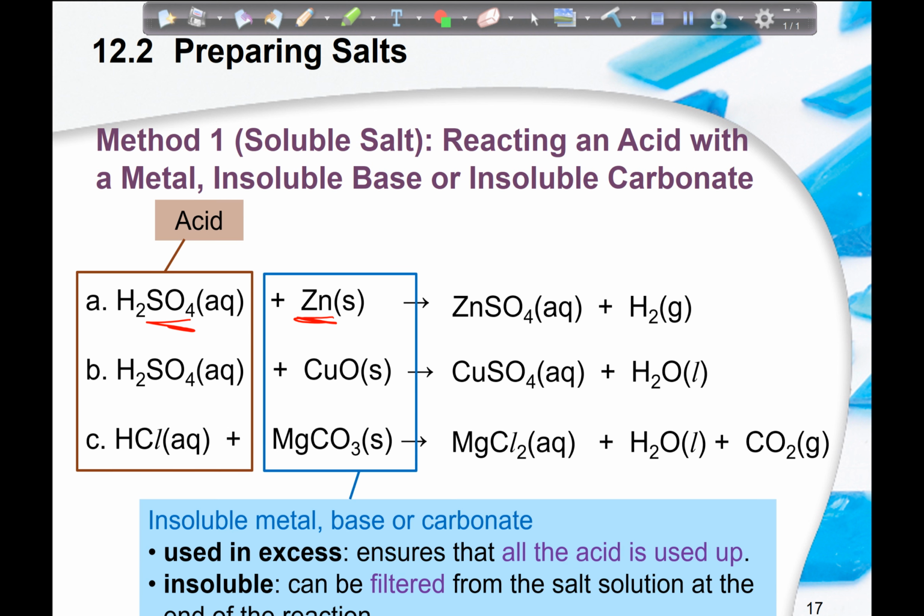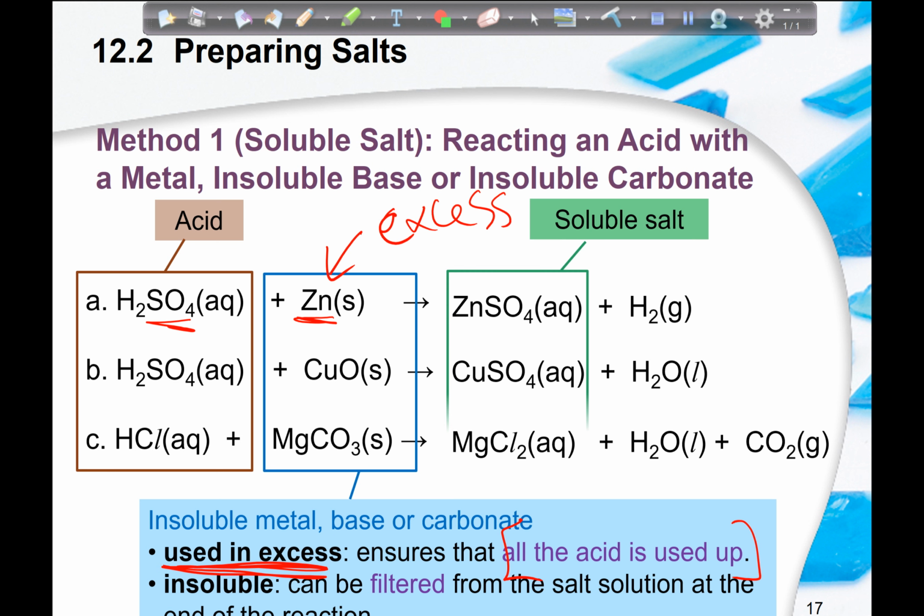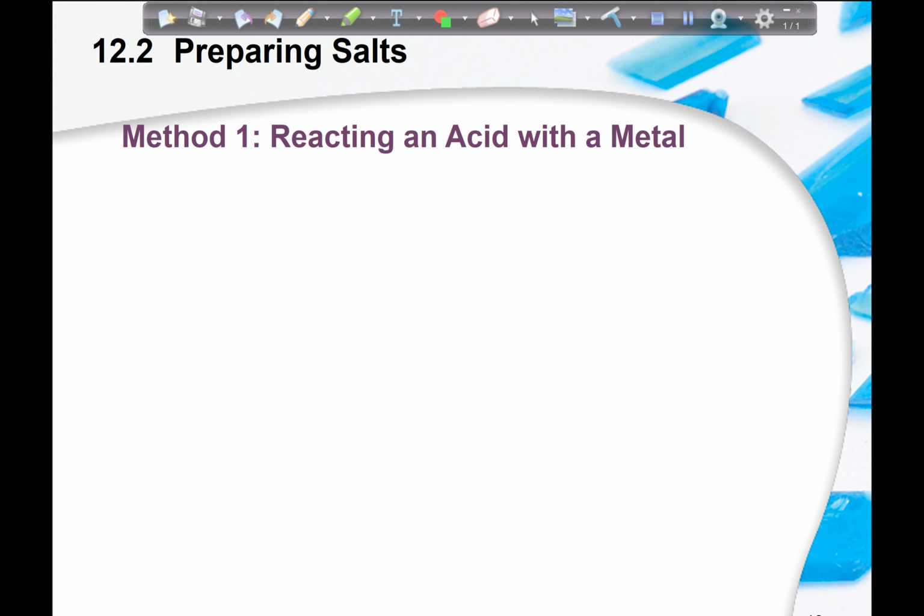Take note, you need to add in excess. A common O-level question will ask you, why must you add in excess? This is to ensure that all the acid has been used up, to give you your salt as your product.